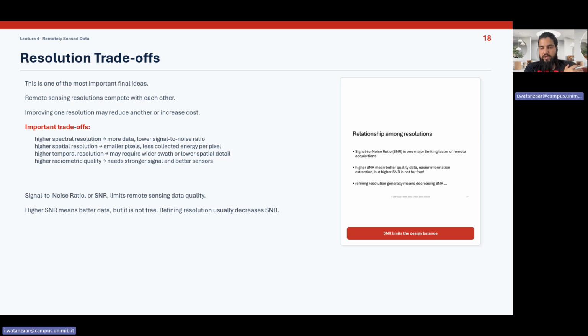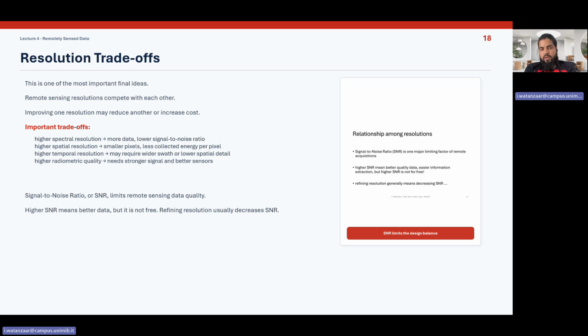The captured electromagnetic wave is very weak. With higher spatial resolution, the pixel size is smaller than the object size, so there is less collected energy per pixel. Here the per pixel energy is very low.